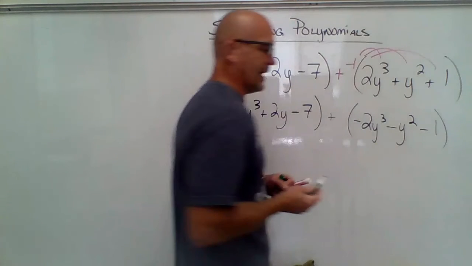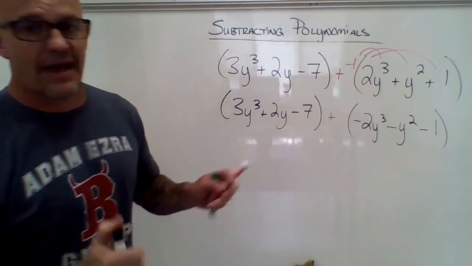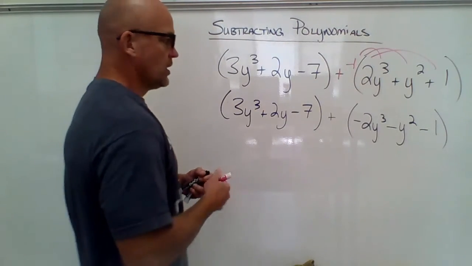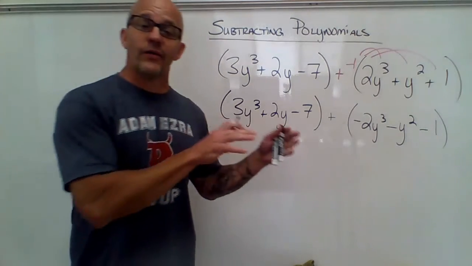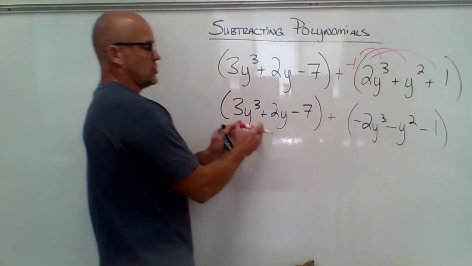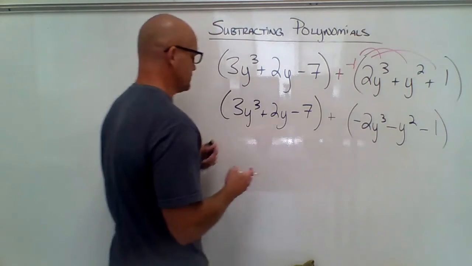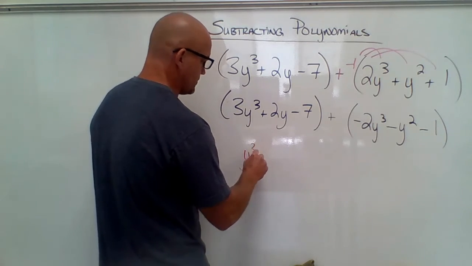Again, you can treat those as minus, or you can have those as plus a negative. Doesn't matter, whatever suits you better. So, identifying my like terms and making sure I follow in descending degrees so it winds up in standard form. 3y cubed plus negative 2y cubed, well, that's going to give me just 1y cubed or y cubed.